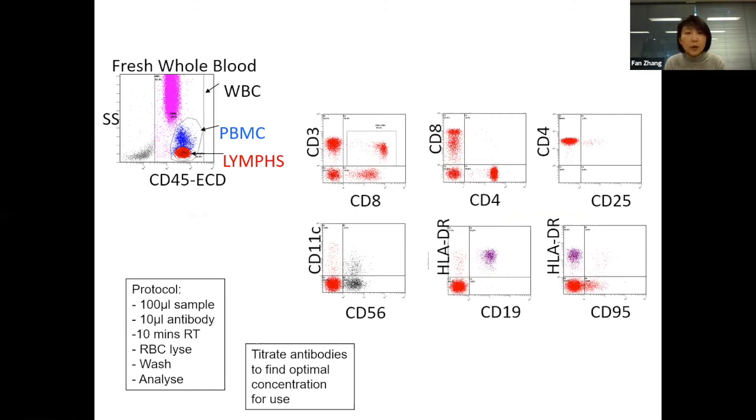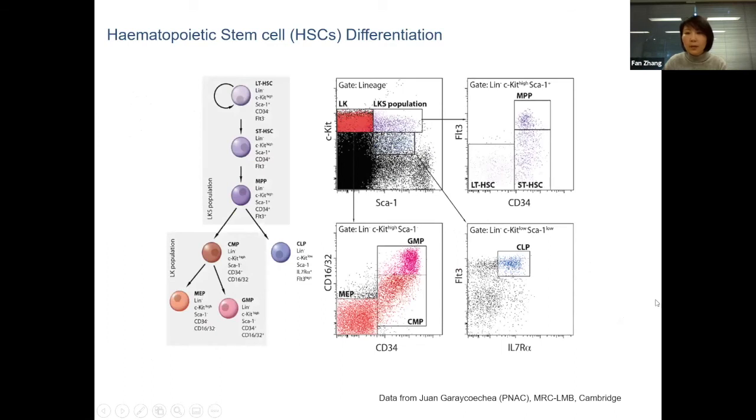The lower panel shows you the dendritic cells, natural killer cells, and the B cells. The different types of progenitor cells differentiated from hemopoietic stem cells can also be classified using their distinct surface markers.